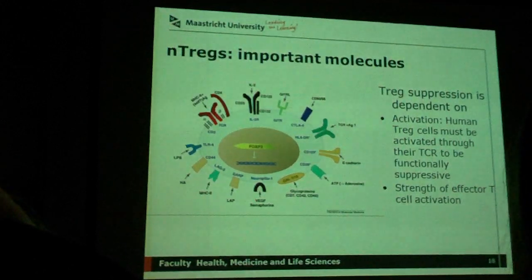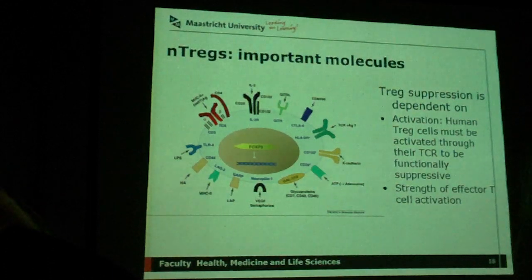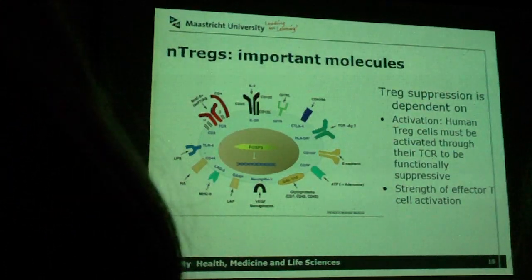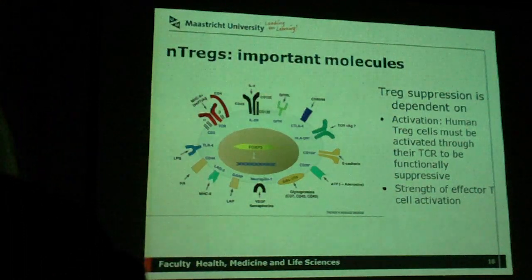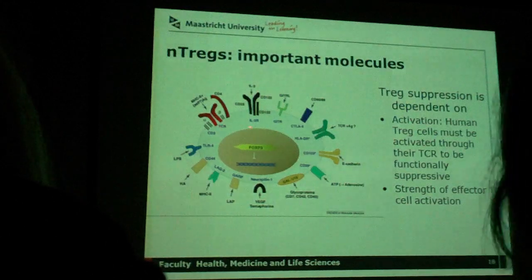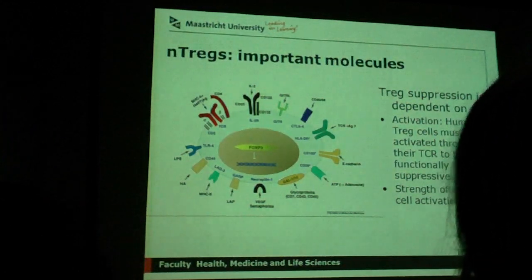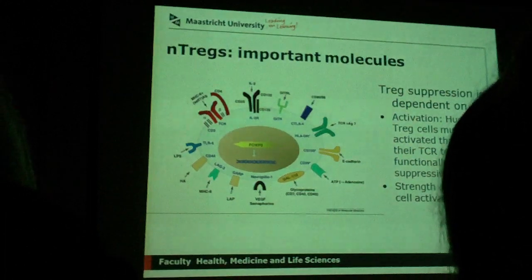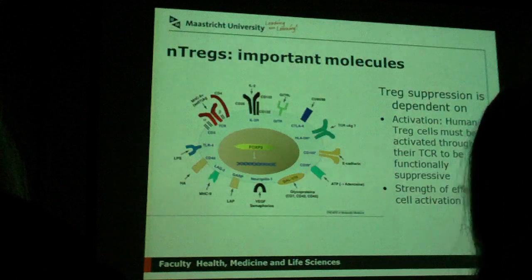CD25 expression I already explained to you. That is the alpha receptor chain of the IL-2 receptor. IL-2 is a very critical survival factor and growth factor for T cells. And these regulatory T cells express all the time the high affinity IL-2 receptor. So they are very efficient in consuming IL-2 from the surroundings.